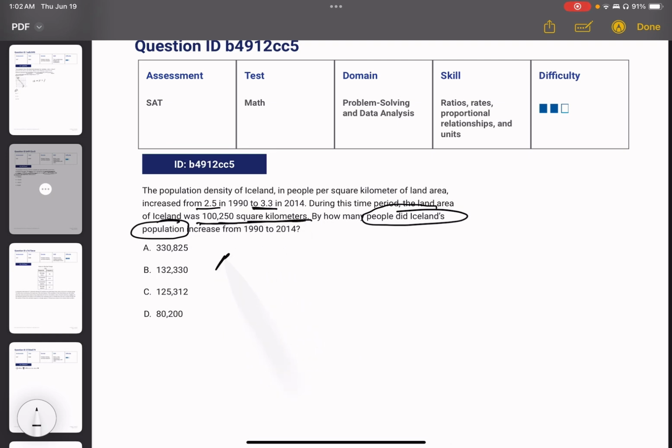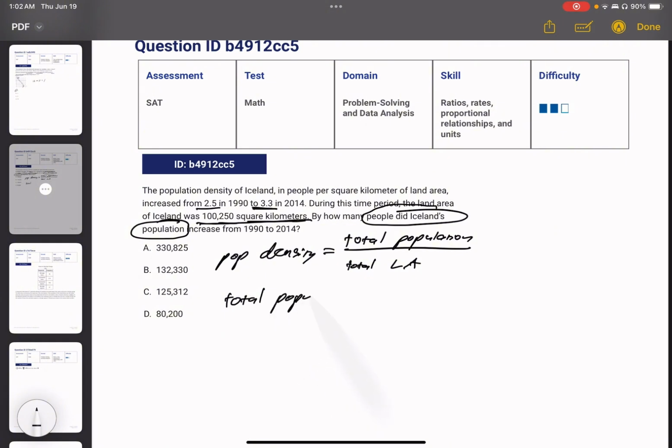And we know population density is equal to total population over total land area. And to solve for the total population, we need to multiply population density by total land area.